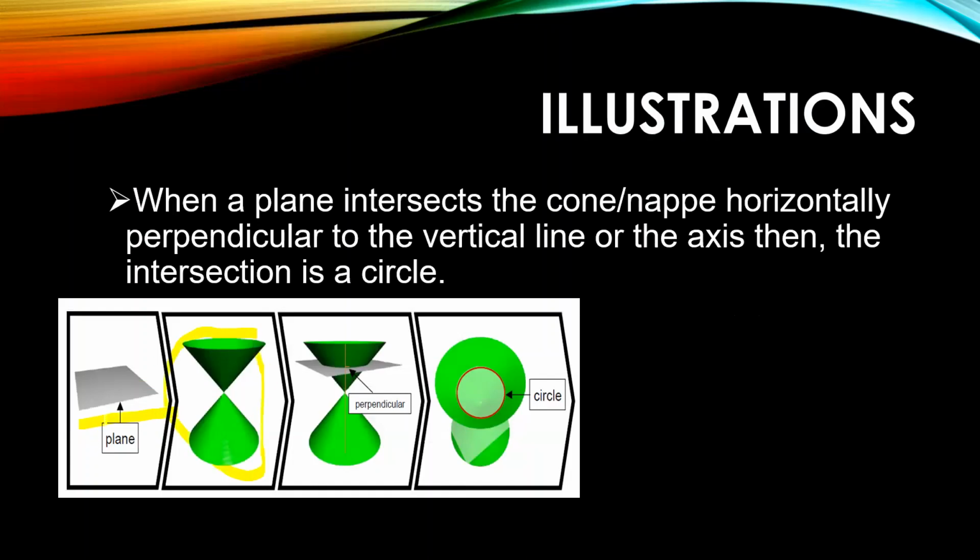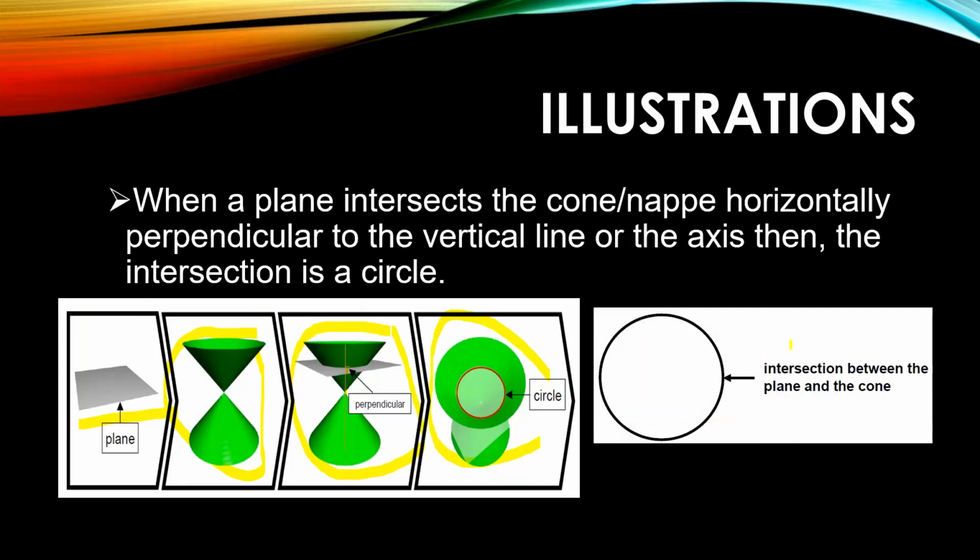If this plane intersects this cone as shown in this picture, perpendicular to the vertical line, which is this one, then the result will give us a circle. So again, the intersection between the plane and a cone is called a circle.